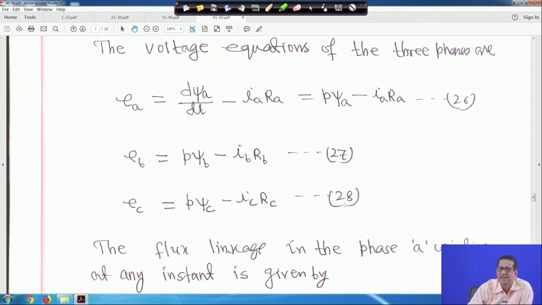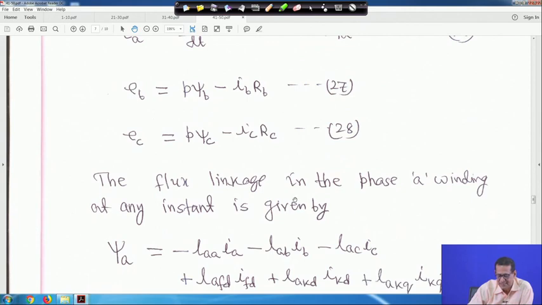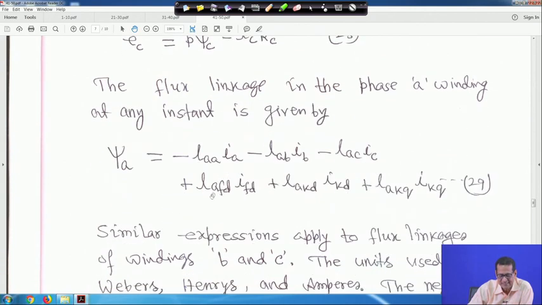Therefore the flux linkage in the phase A winding at any instant is given like this. Look at the direction of the flux, and look at figure 9 and the convention we have taken: current leaving the terminals A, B, C is taken as the positive direction, while for the field winding and the damper windings on the D axis or Q axis, current entering is taken as positive.